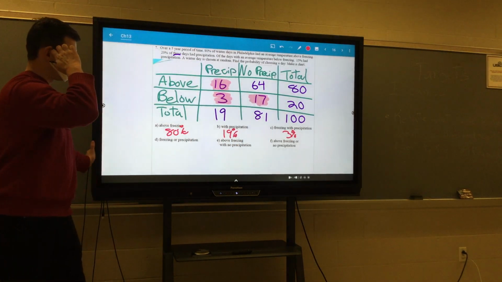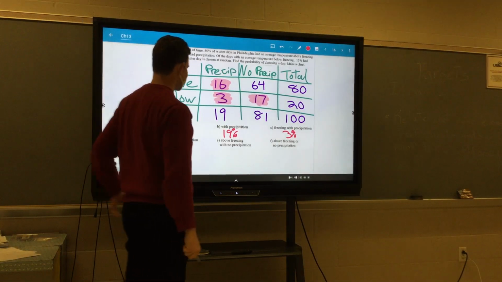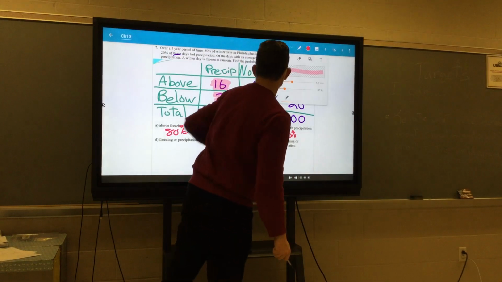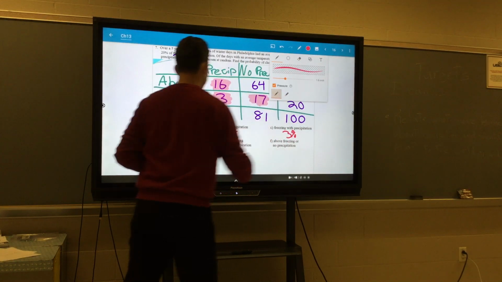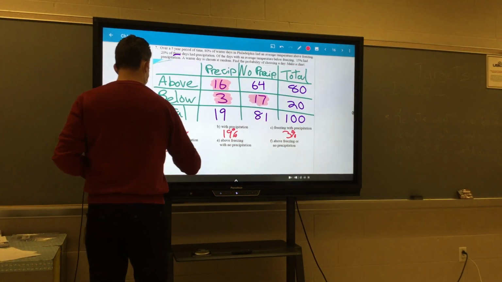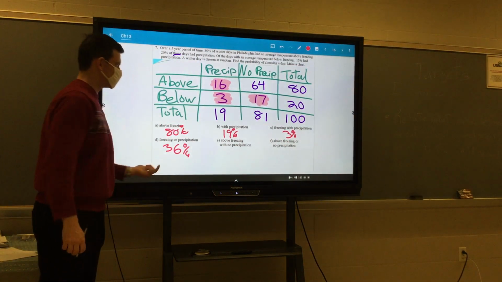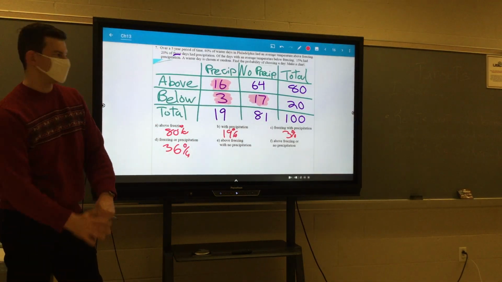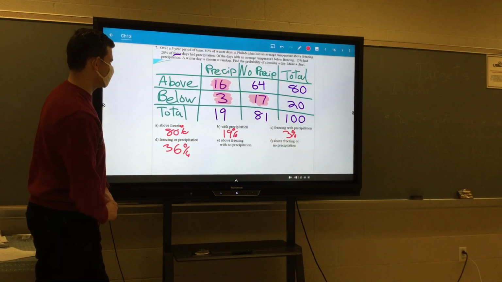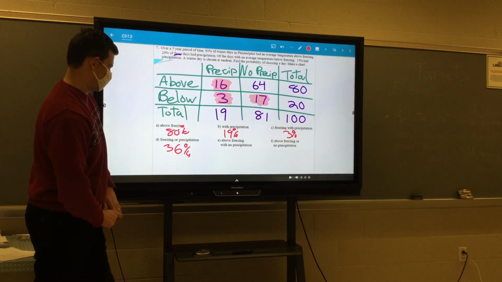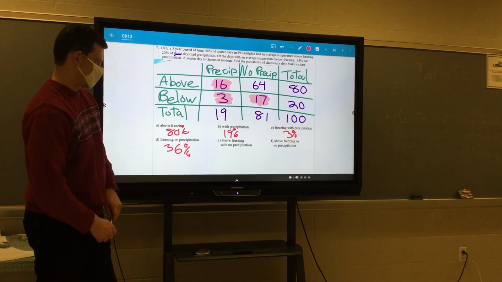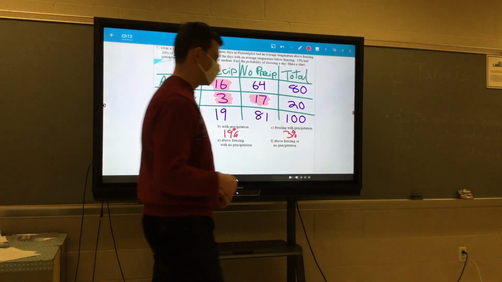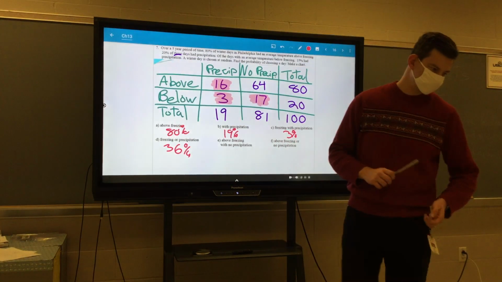Okay. 3 plus 17 is 20. 20 plus 16 gives us 36. 36%, which you can see, the only thing we don't want is those 64% of the days that have no precipitation and they're above freezing. Any questions here?